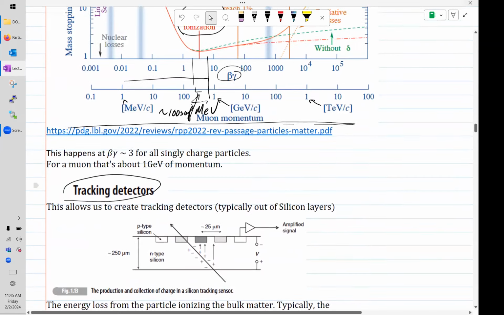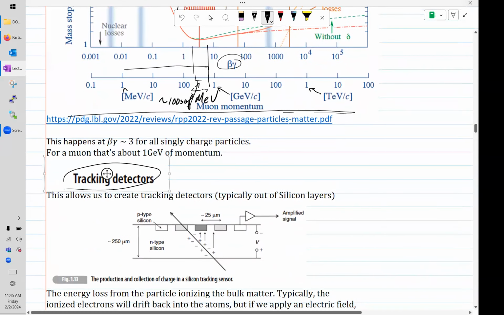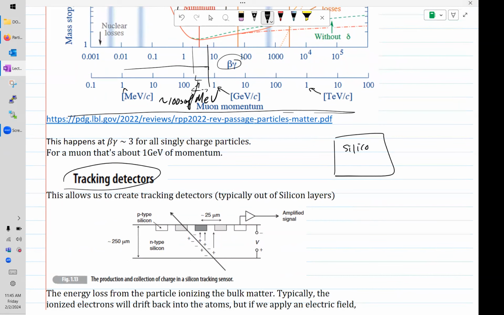Remember the original picture I drew up top? You have a little bucket of, let's not do water this time, let's say a bucket of silicon. It's actually a solid at room temperature, and you have a particle passing through it. Let's make this a muon. As it passes through, it's going to ionize the material a little bit. It's going to hit that electron and knock it out of its orbit.